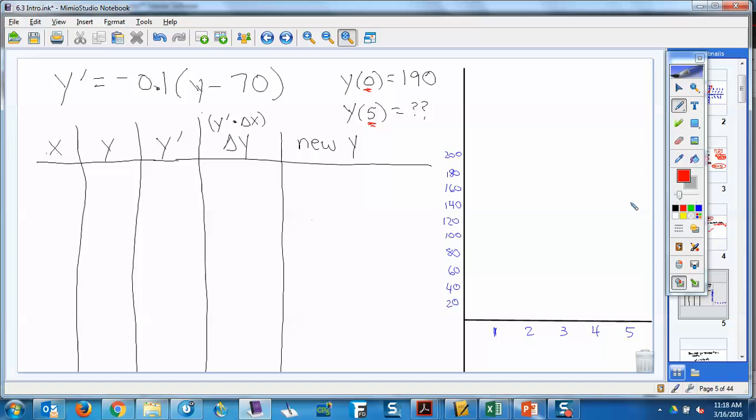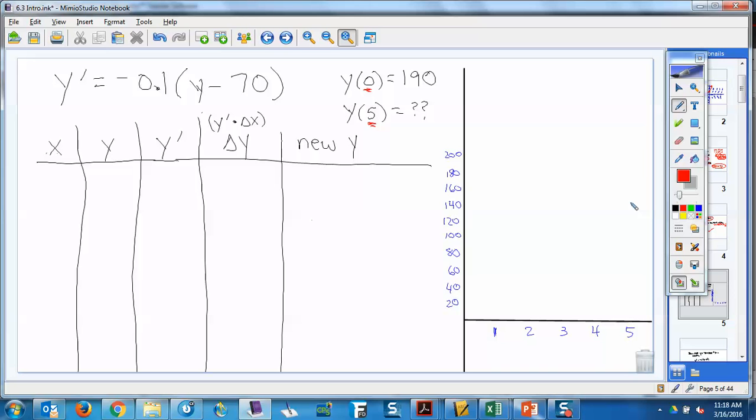Now maybe you recognize this as Newton's Law of Cooling. Remember the k out here? This was y minus capital T. What was capital T? The temperature of the surroundings, the room temperature. So we got a 70 degree room, a 190 degree cup of coffee. Here's the difference equation for it. How hot is the coffee after 5 minutes?